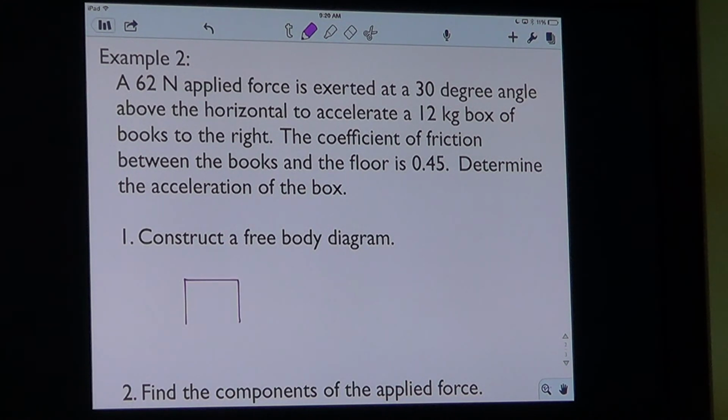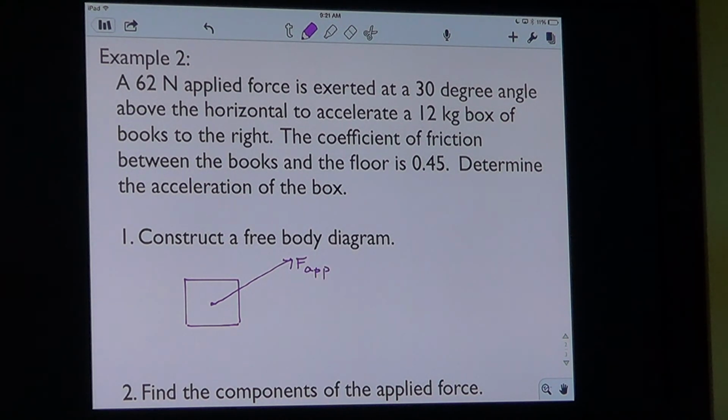So, what forces are present? 62 applied. Okay, and that's at a 30-degree angle above the horizontal. So that's going to be this way.